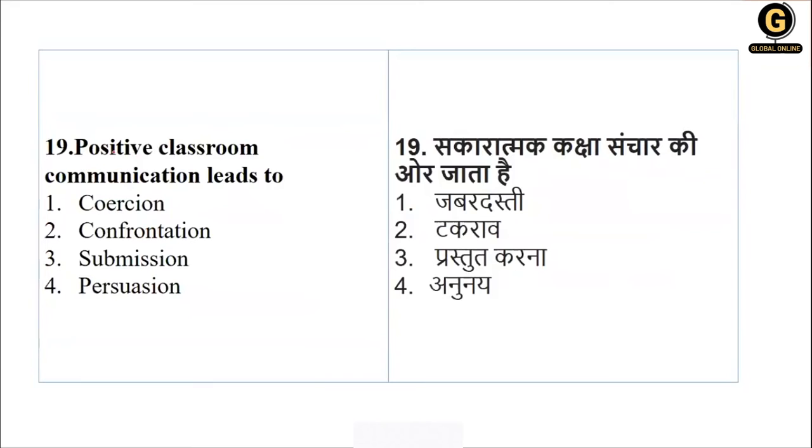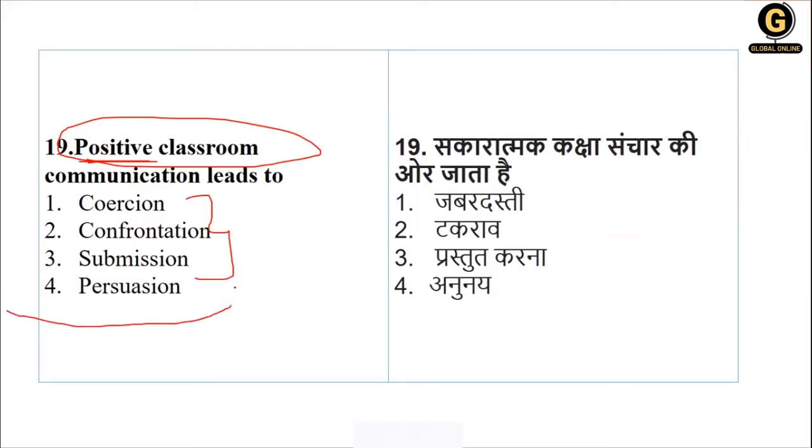Question number 19. Positive classroom communication leads to. यानी अगर classroom communication positive है, so it leads to what? Coercion, confrontation, submission, persuasion. Okay, so always remember, whenever there is a positive classroom, the 3 options are not nearby options.